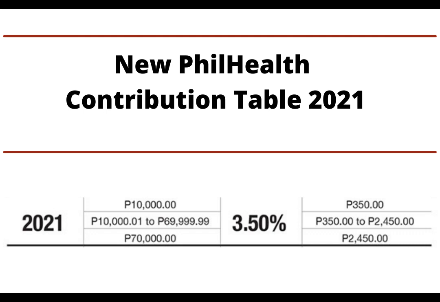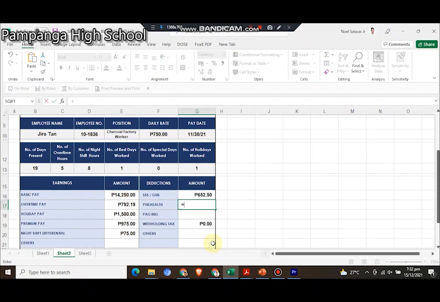The formula is equal sign E16, which is the basic pay, times 0.035 divided by 2 since it is a 50-50 contribution. Then click enter. The PhilHealth premium is 249 pesos and 38 cents.